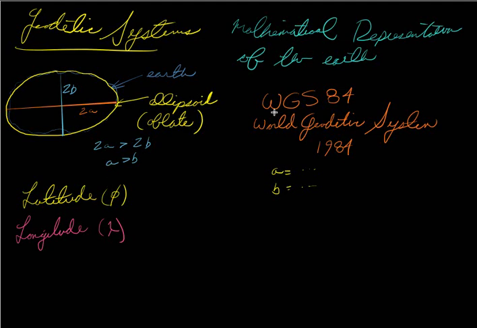Okay, so latitude is 0 at the equator, right? 0 degrees of latitude at the equator.